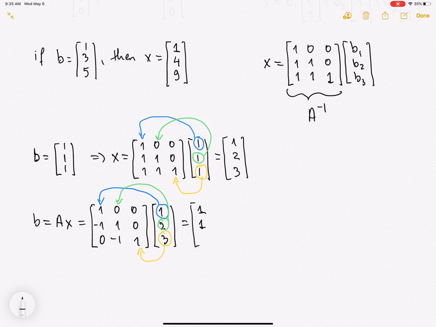So I have 2 times negative 1, which is negative 2, plus 3, that gives me a 1. So I carried out this multiplication as a linear combination of the columns rather than row times column multiplication. Now, of course, you could do that as well. You could use dot products to compute these numbers. But in this course, really, we're going to be looking at the linear combinations of columns of matrices. Okay, more on this in the next video.